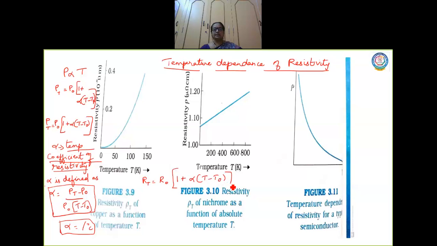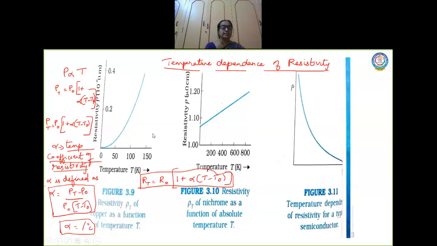Now what I have done is just replace resistivity with resistance. The same formula, rho T is equal to rho naught into 1 plus alpha into T minus T naught. Similarly, RT is equal to R naught into 1 plus alpha into T minus T naught.